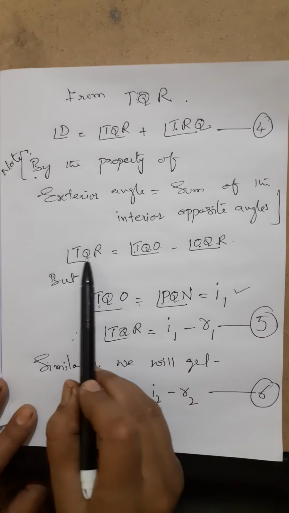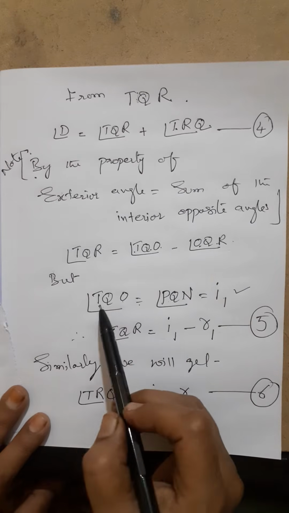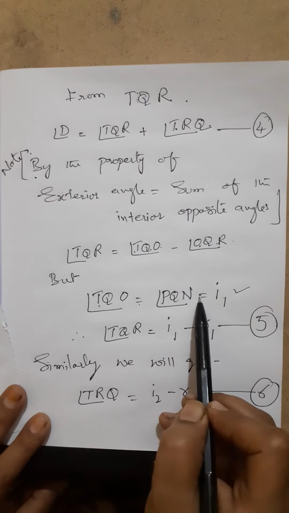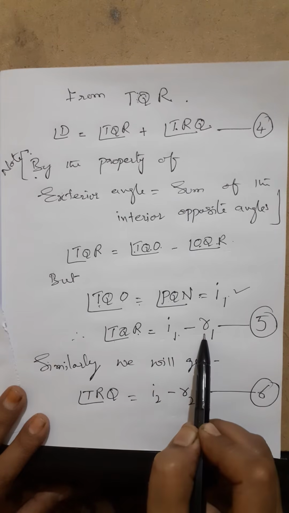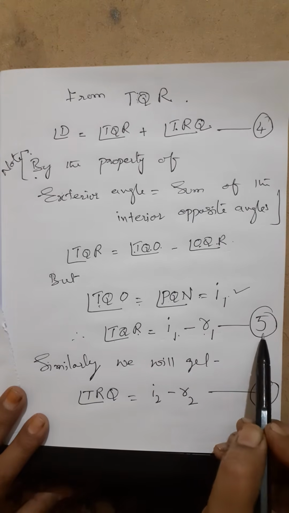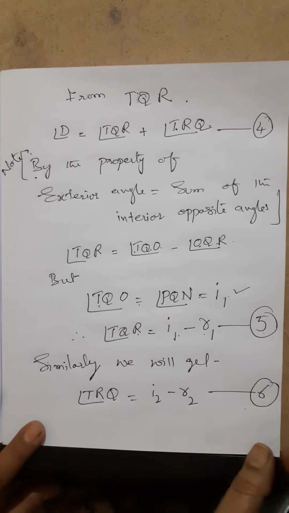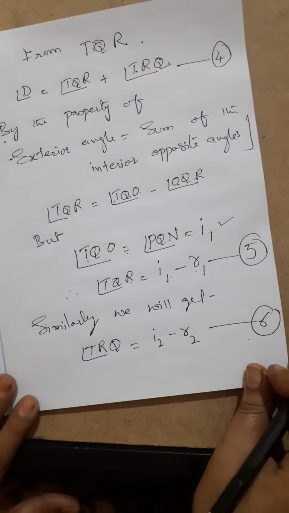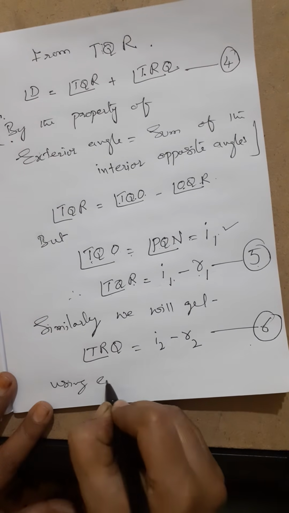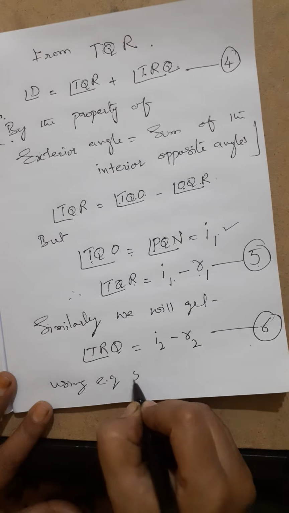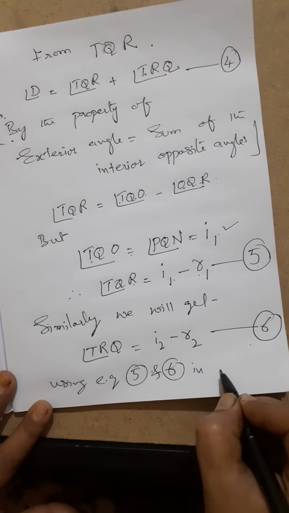So here TQR is equal to TQO minus OQR, and TQO is equal to PQN is equal to I1, and TQR is equal to I1 minus R1, and this is equation number 5, and this is equation number 6. Now we are going to use equation numbers 5 and 6 in 4.